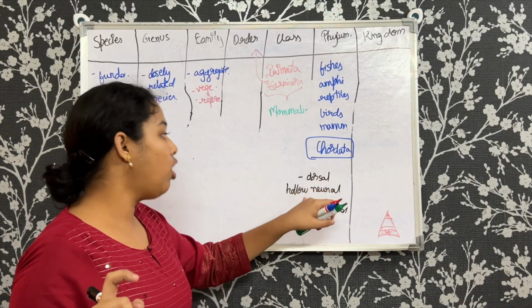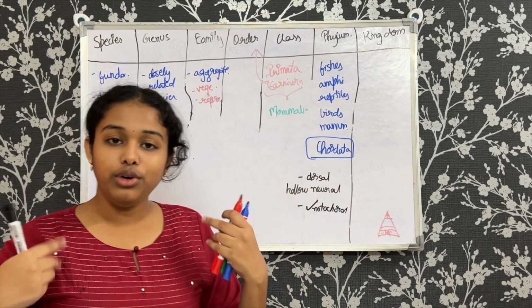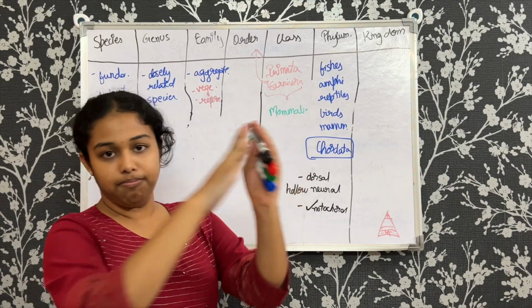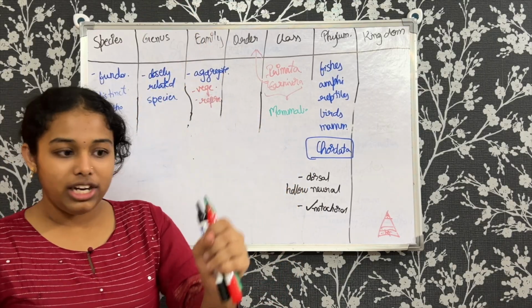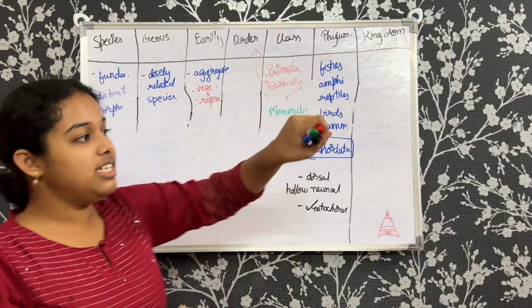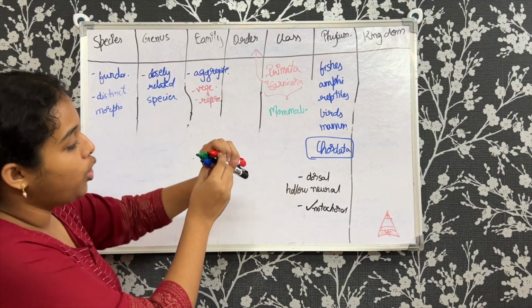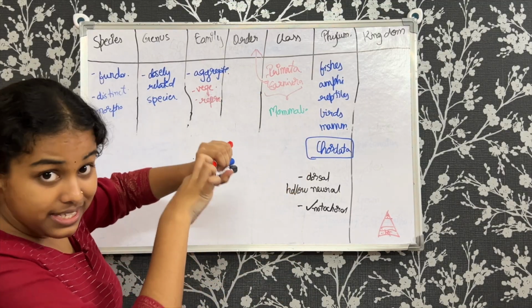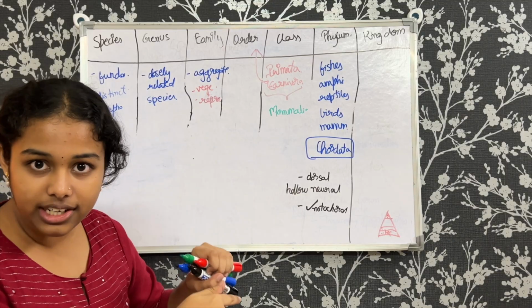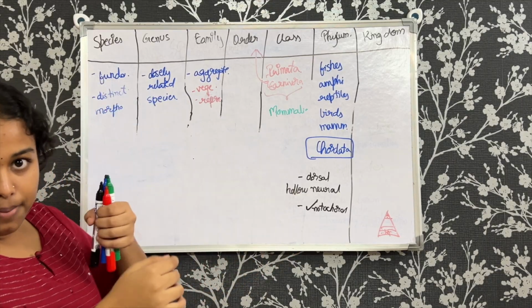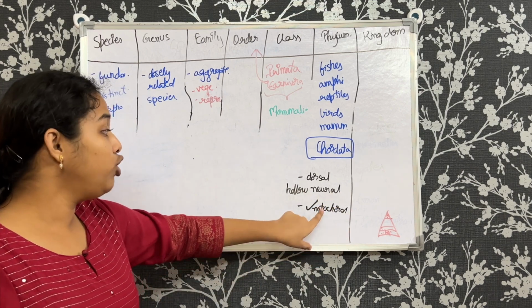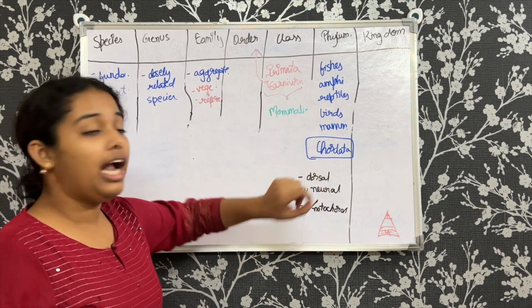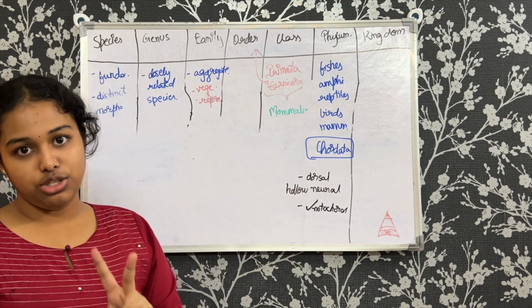And dorsal hollow neural system. We do have that, right? Dorsal as in the back side, hollow something that is not solid. Like see, if I hold these markers together and if I hold them with space between, there's a small space created in between. Now that is a hollow, right? So something that's at the back, something that is hollow, and the neural system. And then we have the notochord. It's based on notochord and not vertebra. Please don't confuse these two terms.